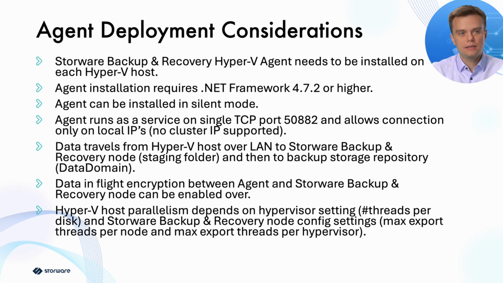And remember that data travels from the Hyper-V to the Storware Backup and Recovery nodes using the LAN network in this case. So this needs to be a fast dedicated network in order to achieve a proper performance.